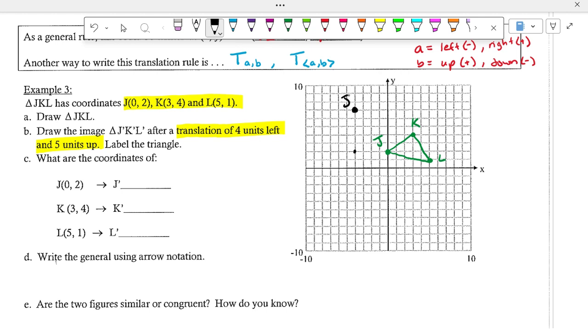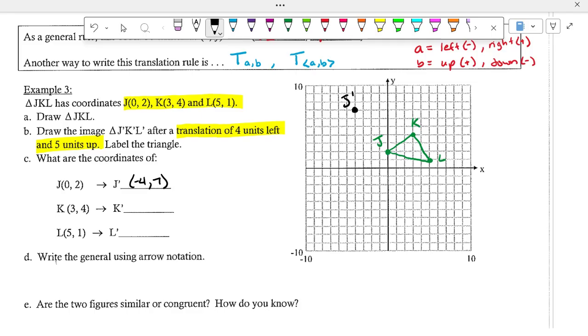So this is J prime. What point is that? So what point is J prime? Where's it at? -4, 7. Good.